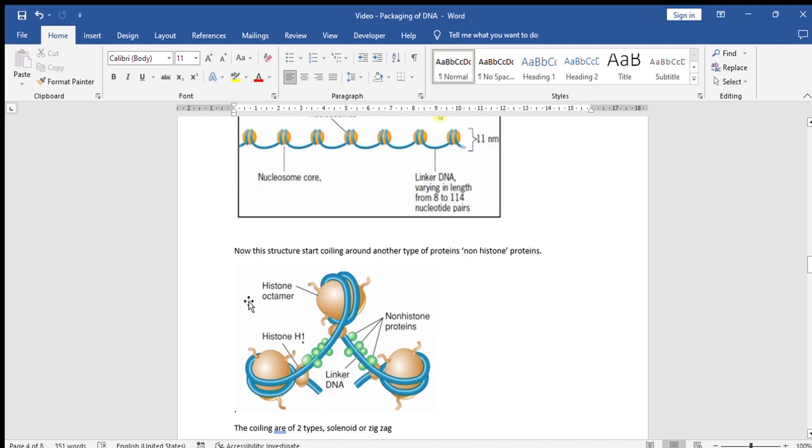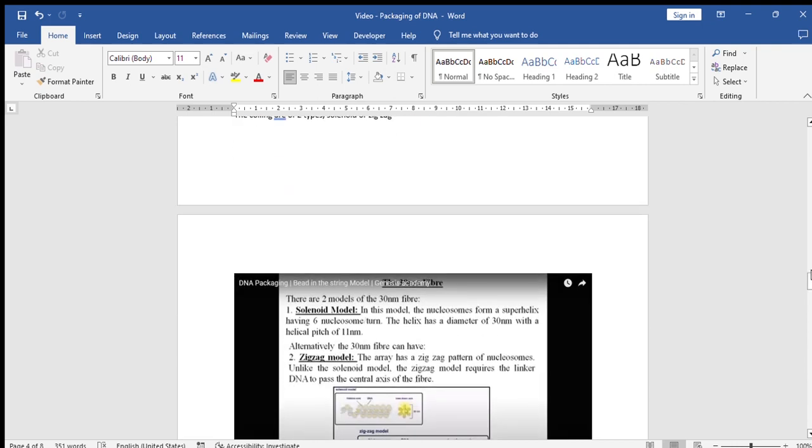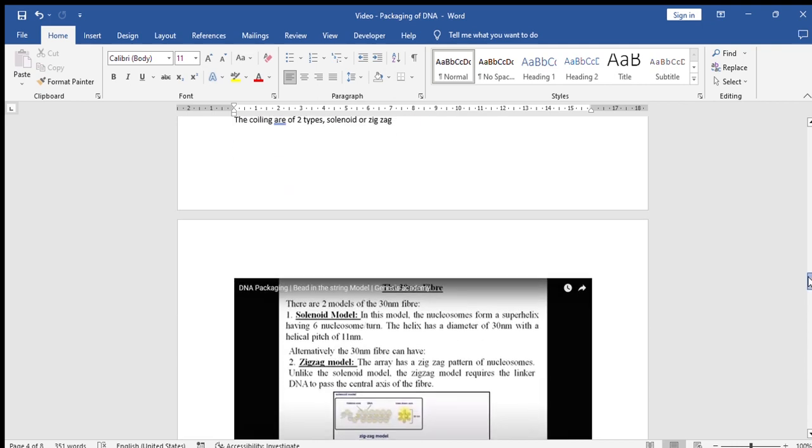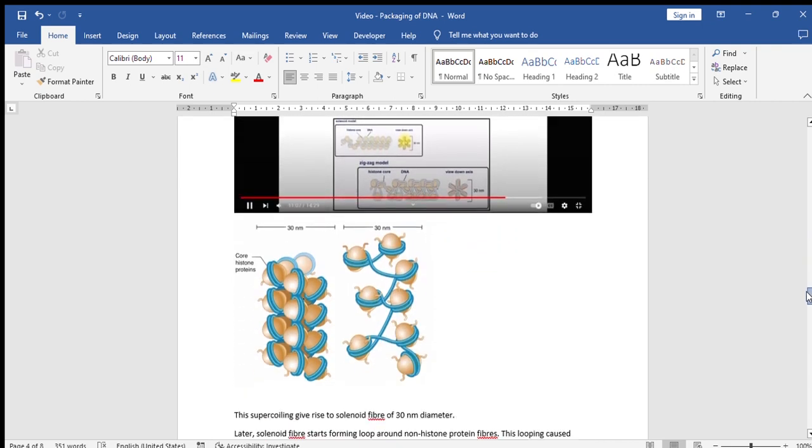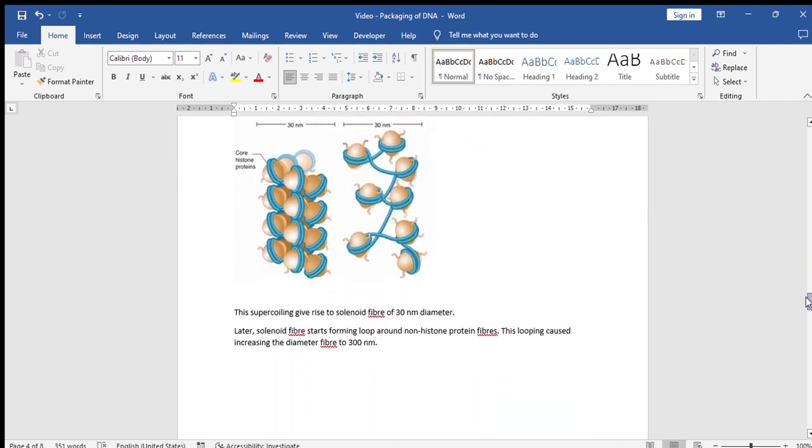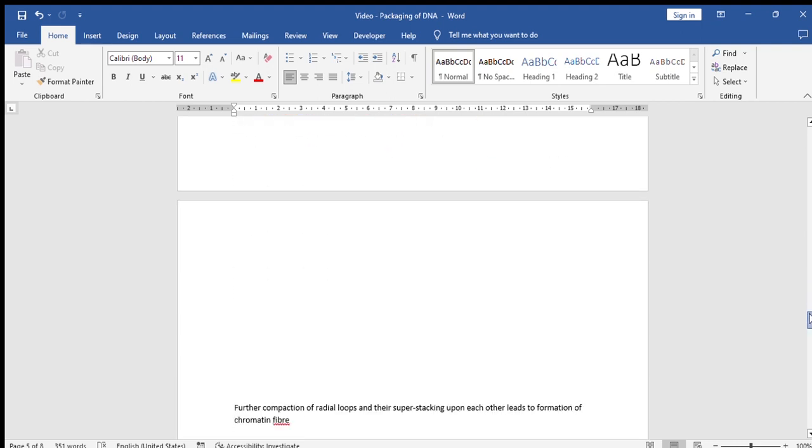So this is a histone protein, these are non-histone proteins. So this starts coiling around these non-histone proteins. Now the supercoiling gives rise to a solenoid fiber, a solenoid-looking fiber of 30 nanometer diameter.